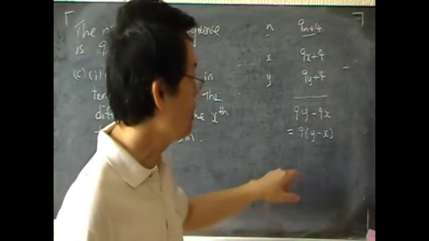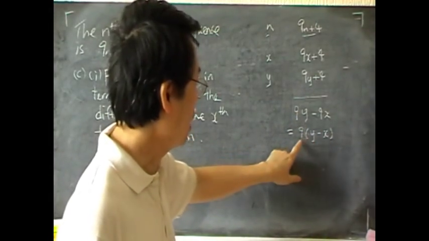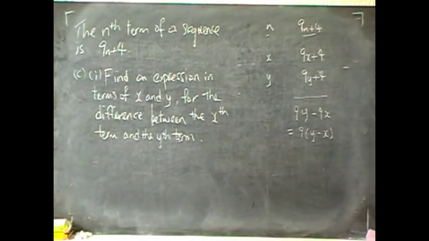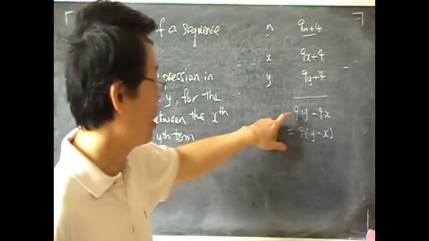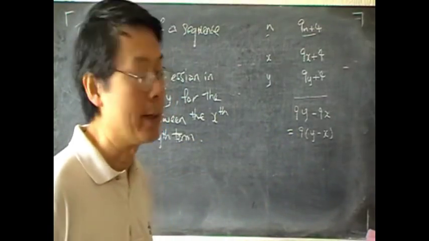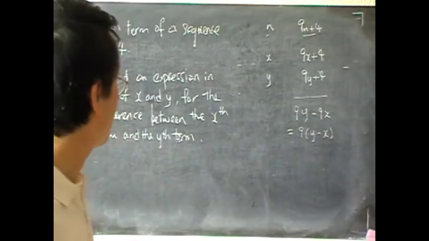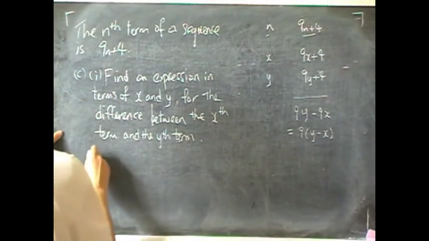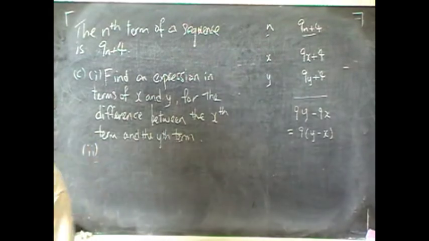By factorizing it, by taking 9 out of a bracket, I can also write that in this form. But in this case, either way to write it is fine. The question does not actually ask you to factorize it. That's part 1.